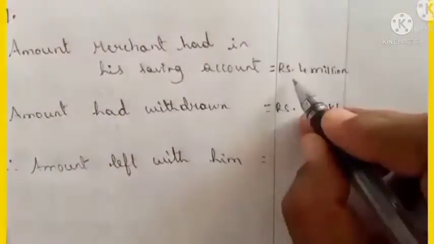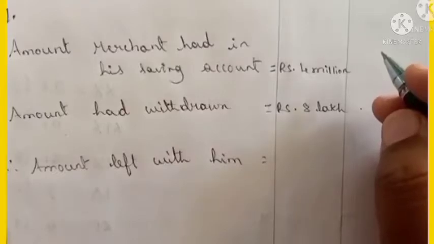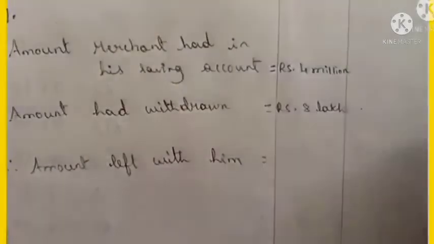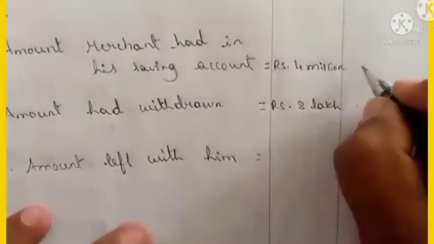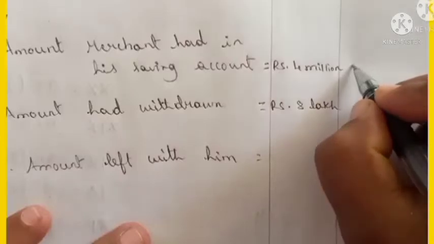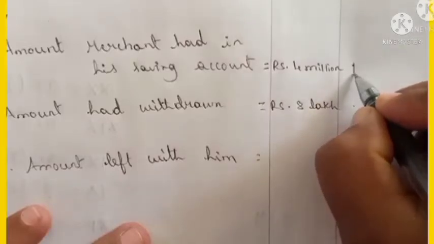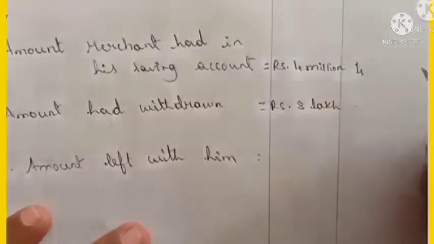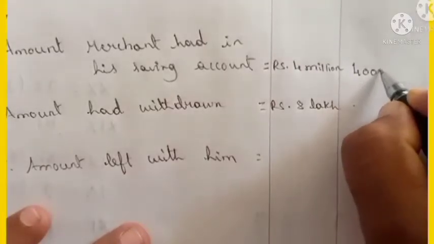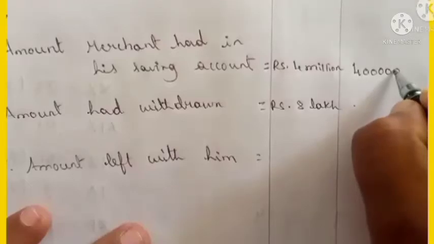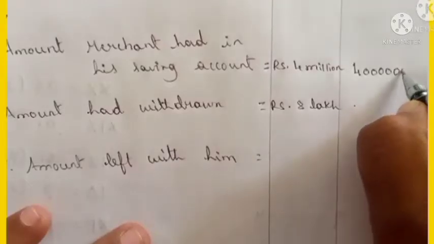Okay, so now rupees 4 million means we need to write the place value. Okay, let us write the 4 million. How you are going to write? So write down here 4. How many zeros are there in million, dear children? So 1, 2, 3, 4, 5, 6.